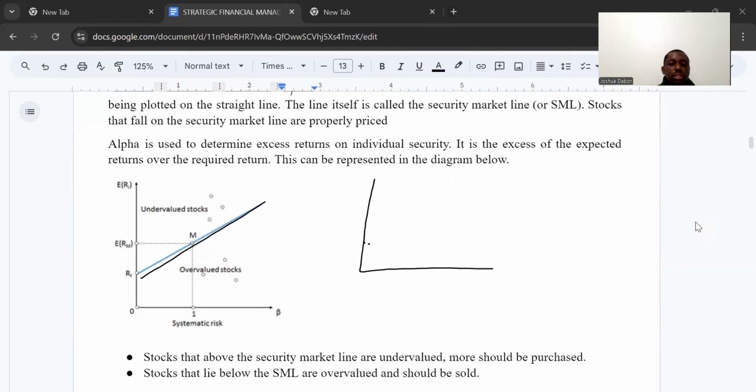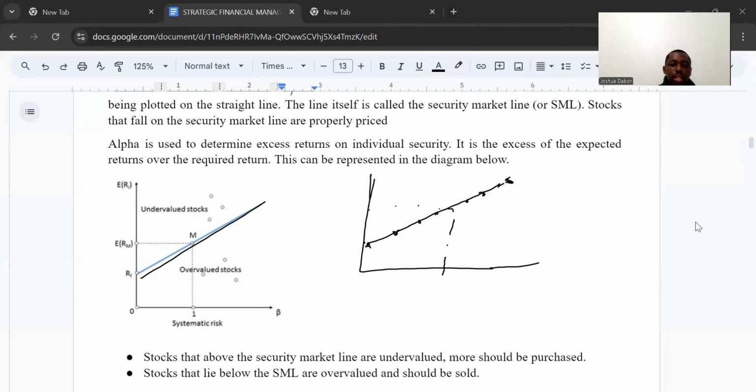The risk-free rate is not always zero, it begins above zero. And we assume that the cost of equity will always be falling on what? This line, which is the security market line, right? To always be falling on this line.